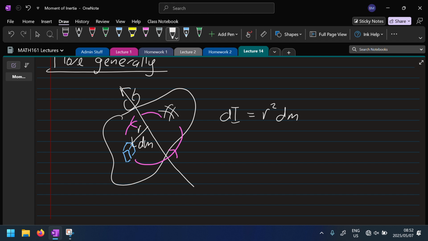If we want the total moment of inertia, it's going to be the sum of all of the little pieces. Here we just chose one piece, and we got the little bit of moment of inertia. If we add this up for all of the pieces, we get the total moment of inertia. So I, that's the total moment of inertia, is the integral of dI, which is the integral of r squared dm.